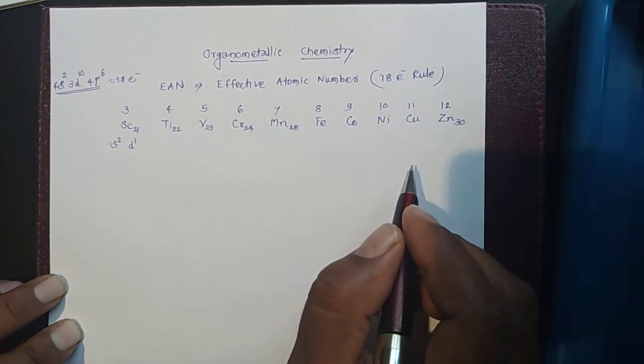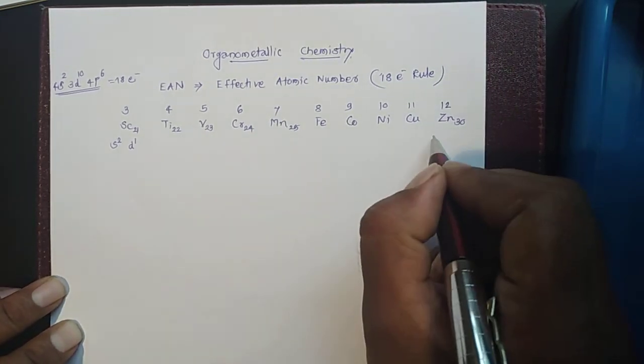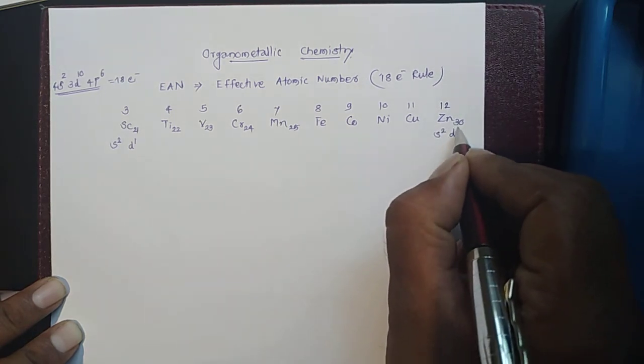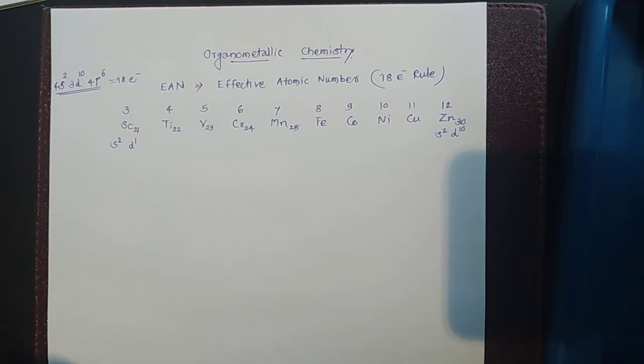How has the number 12 come? The s has 2 electrons and d has 10 electrons. Based on that we can calculate how many electrons are there in their valence orbitals.